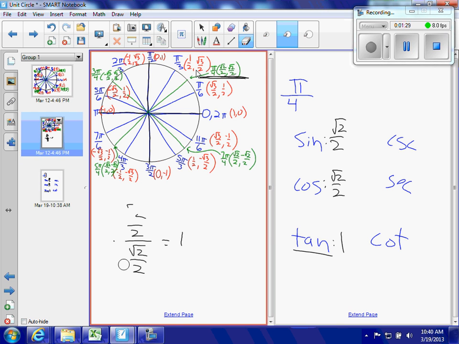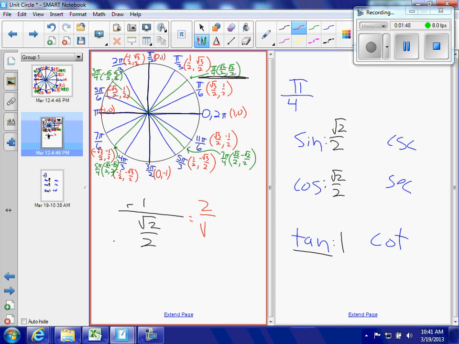Cosecant is 1 over sine. So that would be 1 divided by radical 2 over 2. So I need to do a little bit of algebra here. This is the reciprocal, 2 over radical 2.